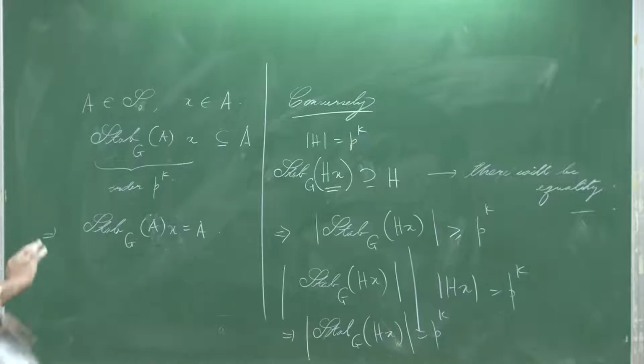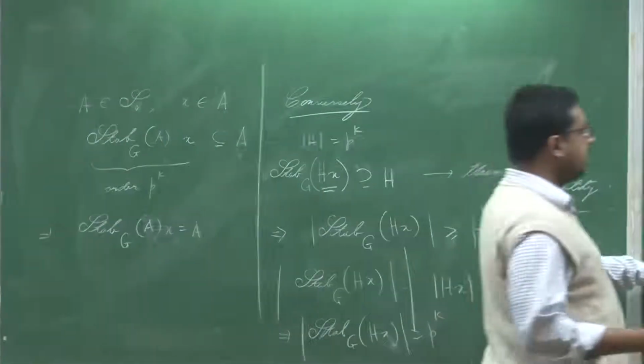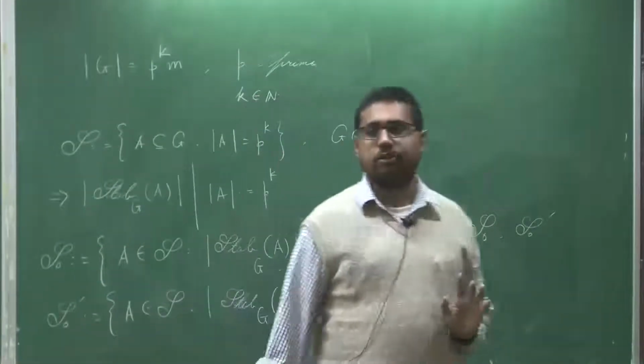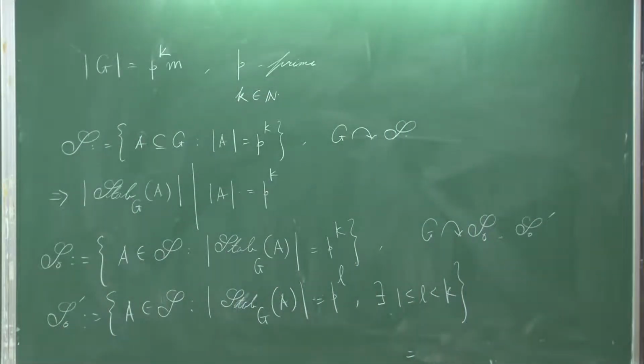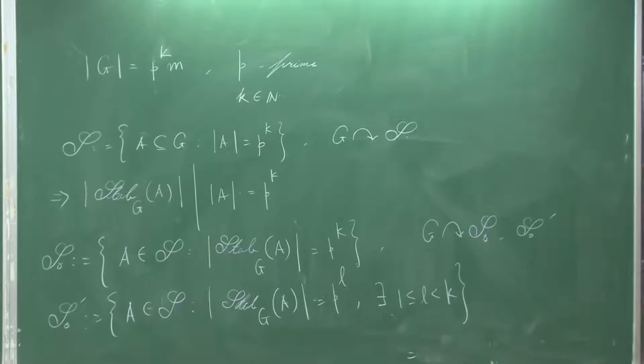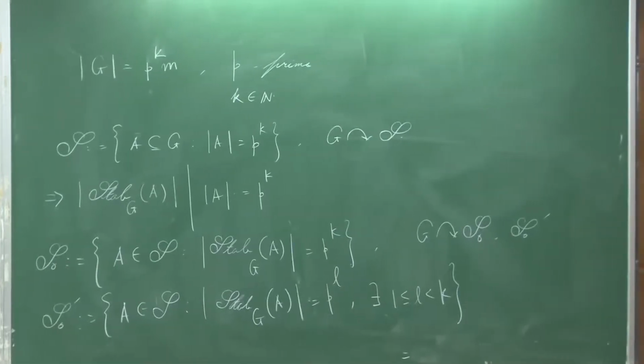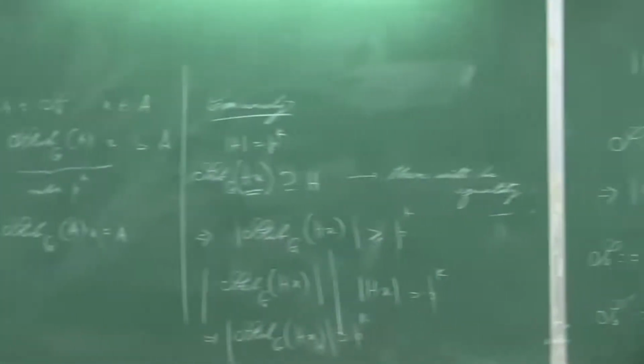So, therefore, now we can clearly say that S naught is the collection of all right cosets of all subgroups of order p to the power k.